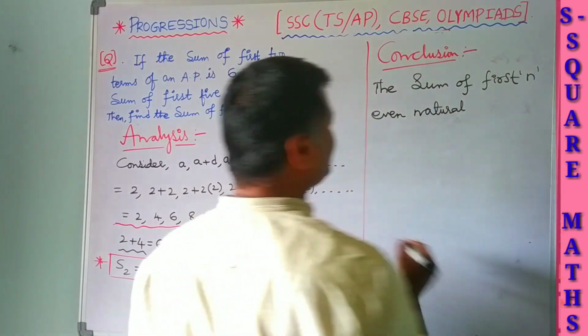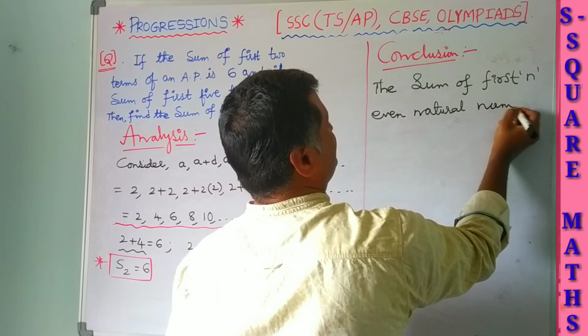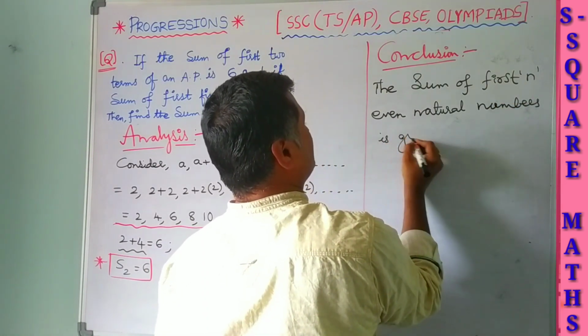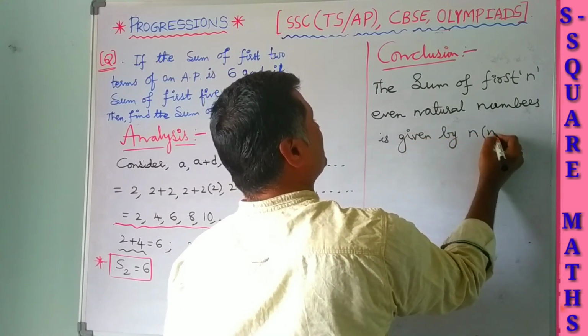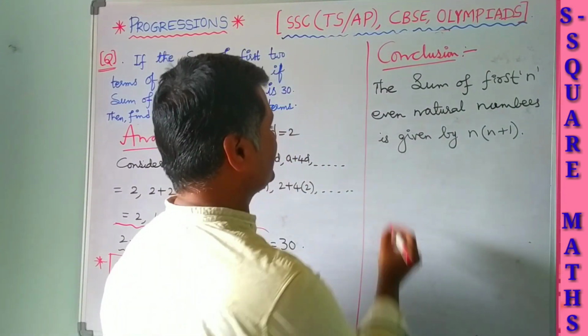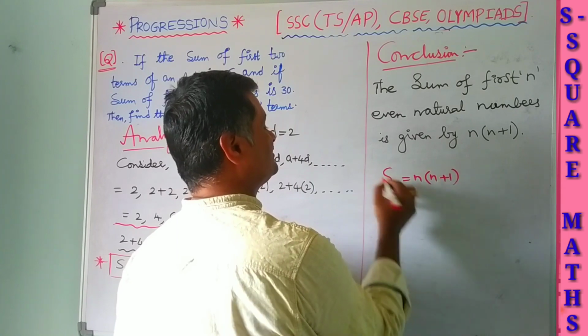The sum of the first n even natural numbers is given by n of n plus 1. This is a formula. So the sum of the first n even natural numbers is n into n plus 1.